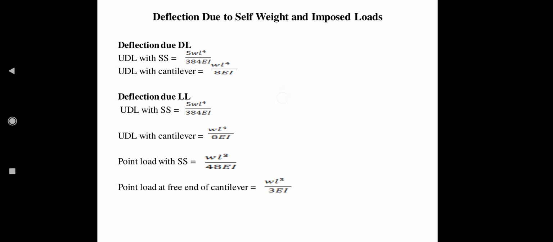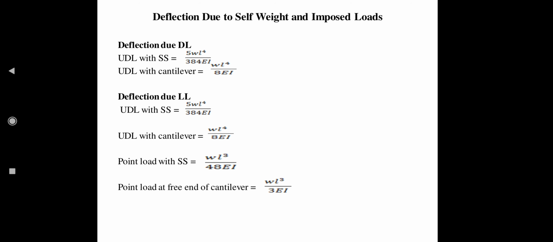Similarly, deflection due to live load. When a live load is UDL and it is acting on a simply supported beam, then the deflection is equal to 5WL to the power 4 by 384 EI, and if a live load is UDL which is acting on a cantilever, then the deflection due to live load is WL to the power 4 by 8 EI.